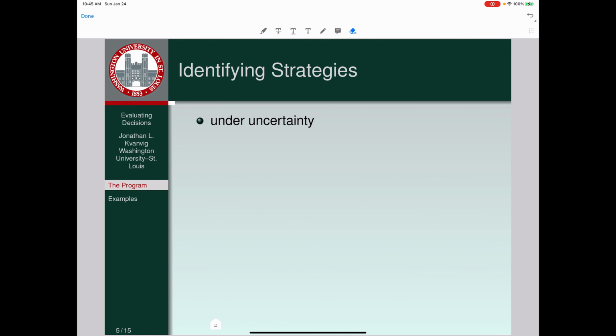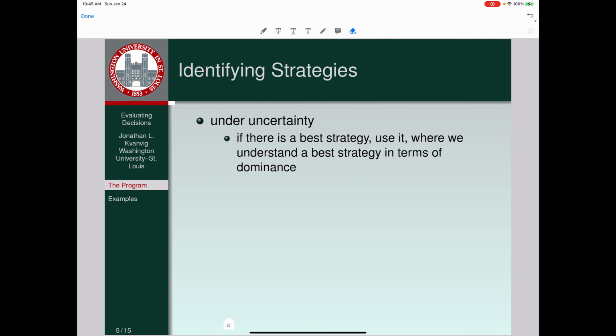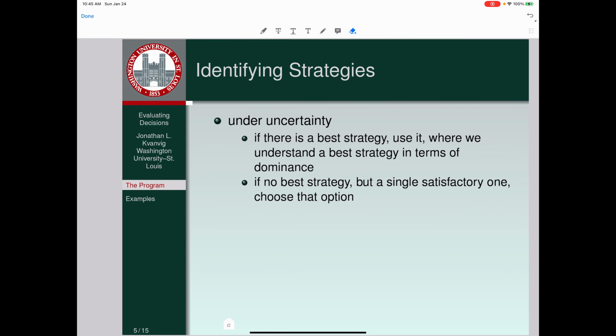With respect to identifying strategies, some decisions we make under complete uncertainty, and for that we have various rules that we've paid attention to. If there's a best strategy available, use it, where we understand a best strategy in terms of the first rule, the dominant strategy. If you can find a dominant strategy, use it.